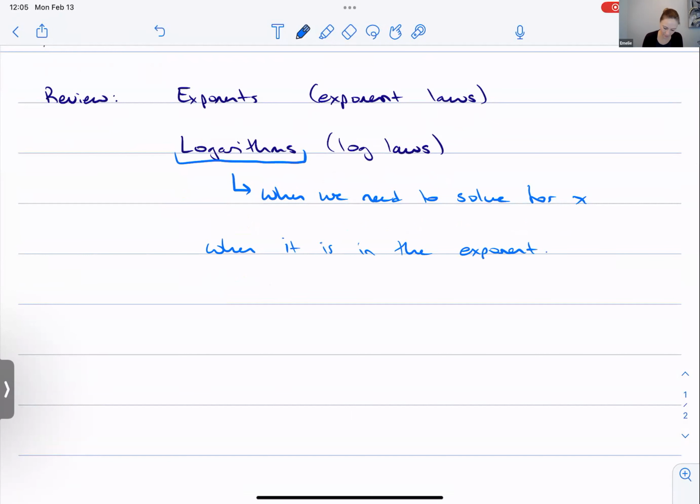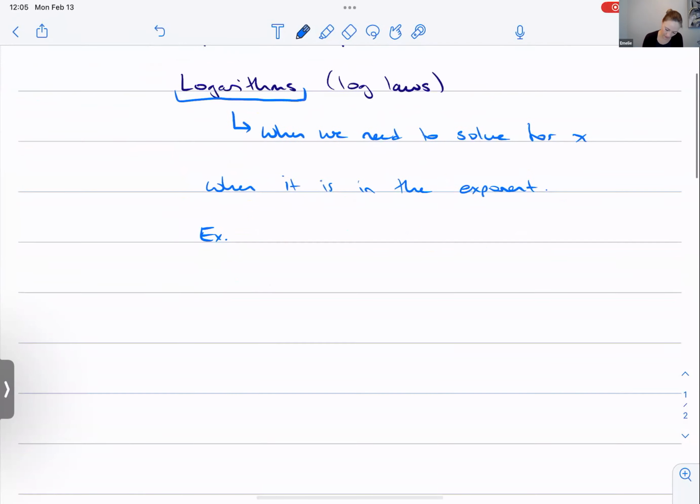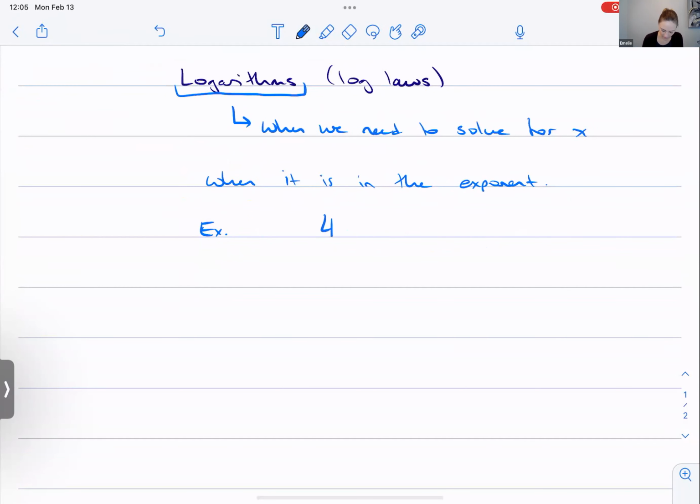Okay, so for example, if we have 4 to the power of x equals 30, and we need to solve for x, the only way that we have to get that x down and accessible to us is by taking the log.